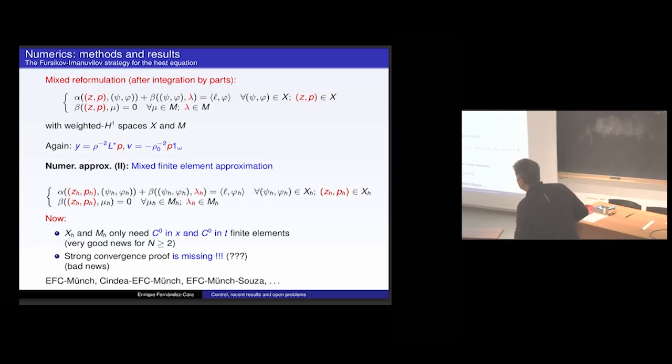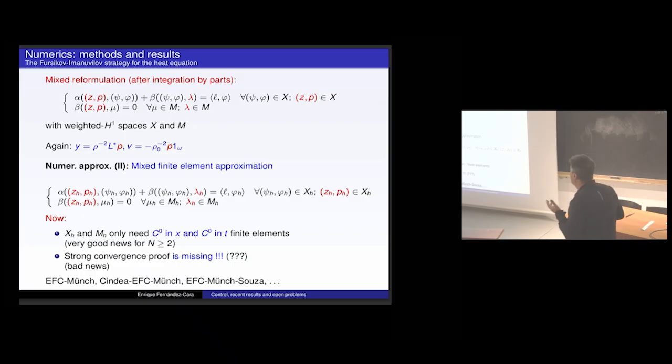So the second possibility is to approximate the mixed formulation of the problem. This only needs C0 finite elements in time and space, so it is okay. But there is a problem. The problem is that the strong convergence proof, to my knowledge, is missing here.